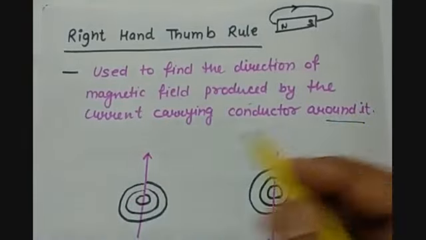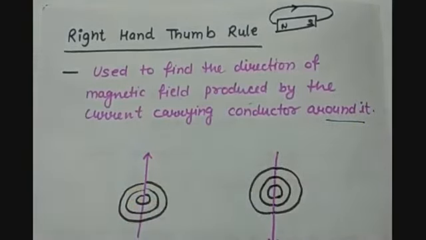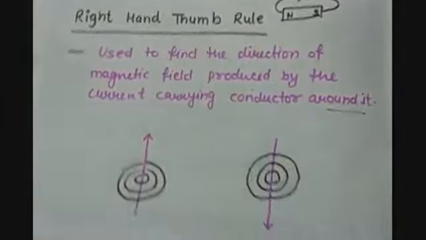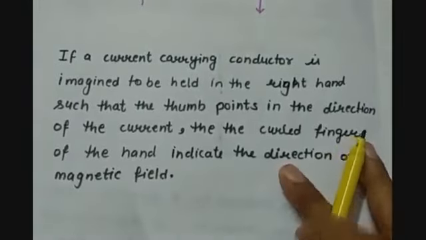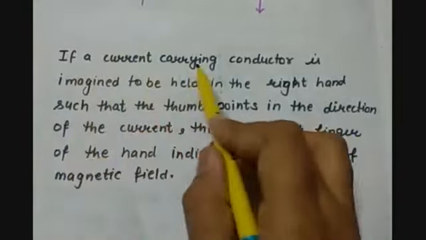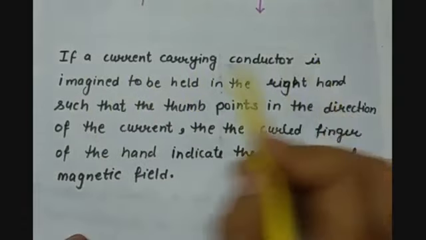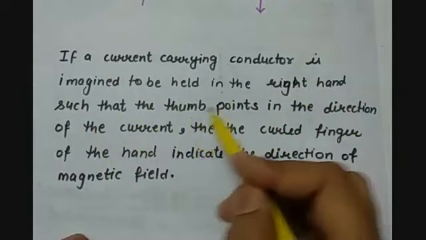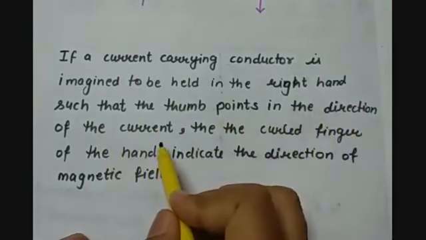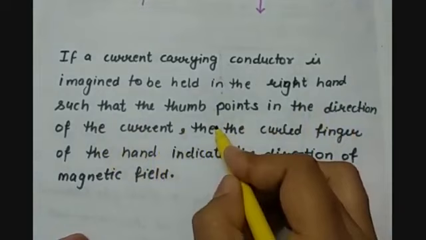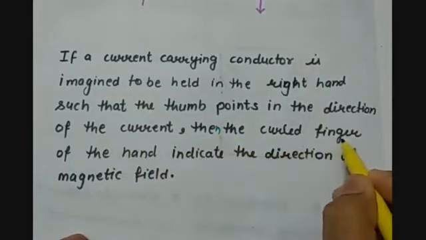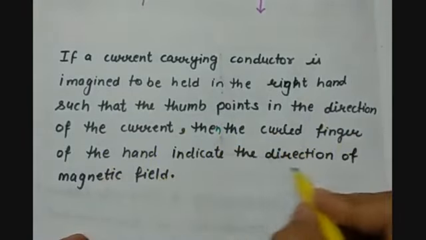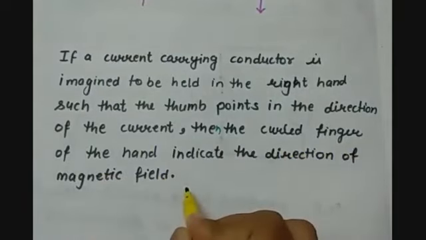And how does it give the direction of the magnetic field around the current carrying conductor? The right hand thumb rule says that if a current carrying conductor is imagined to be held in the right hand such that the thumb points in the direction of current, then the curled fingers of that hand indicate the direction of the magnetic field.